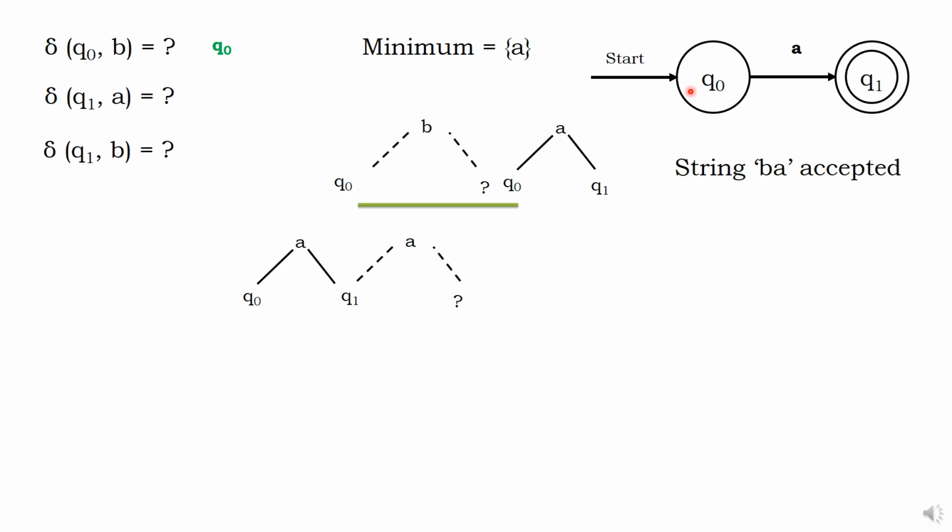Q0. Q1 after: nothing is there. Now, if it is satisfied, this should be the final state; if it is not satisfied, it should be a dead state or something like that. The string is AA. Yes, it is accepted, so it goes to Q1, which is the end state. Done. So near the question mark, it is Q1.